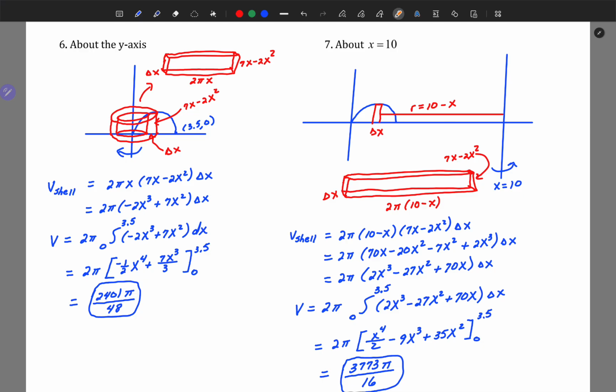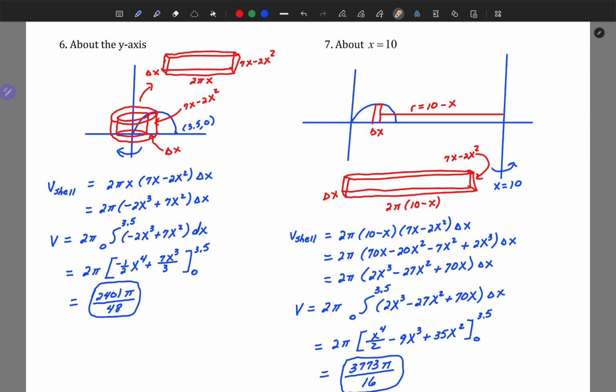When we do that, we can see that a cylindrical shell is going to be created for each one. The way I like to think about that cylindrical shell is you could rip it apart, and every one of those shells will form a rectangular solid where the height is just your function, 7x minus 2x squared. The thickness of your rectangular solid is just the thickness of each rectangle, which is an arbitrary change in x.